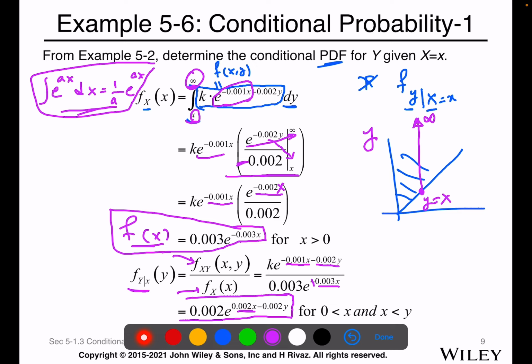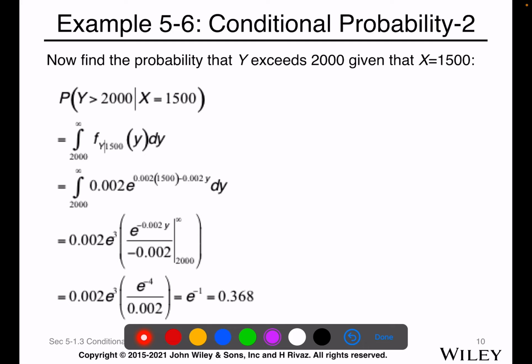Any questions? Okay. So now, after we have found the PDF, we want to find the probability that y, the time it takes for the server to authenticate you, exceeds 2,000 milliseconds, given that x is 1,500 milliseconds, right? So we want to know the probability that it takes more than 2 seconds to be authenticated if the time it took for you to connect to the server was 1.5 seconds.